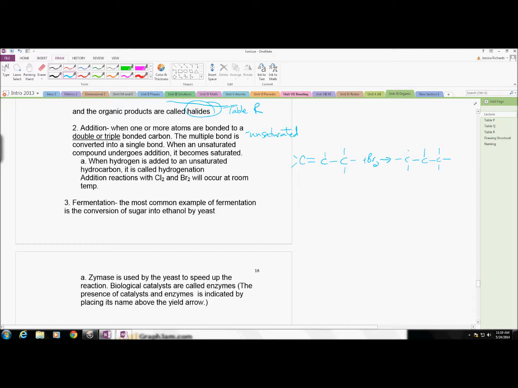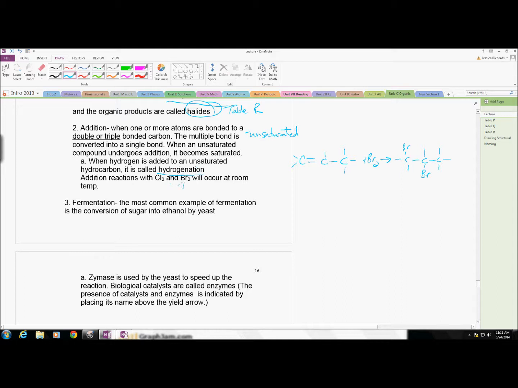Now this leaves us with two spaces, and that's where your bromines are going to go. And we don't have an additional product over there. So we've just added bromines to our molecule and saturated it. When we use hydrogen to do this saturation, then we call it hydrogenation.